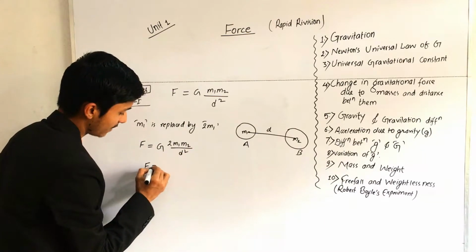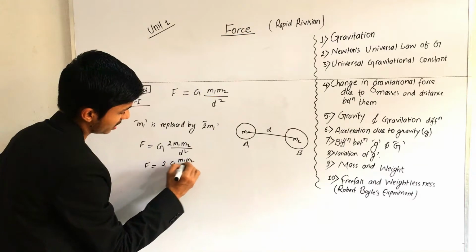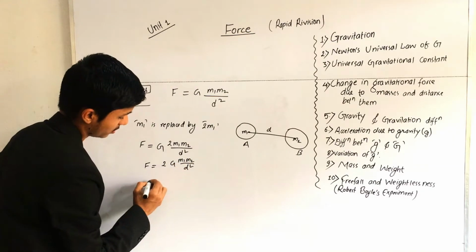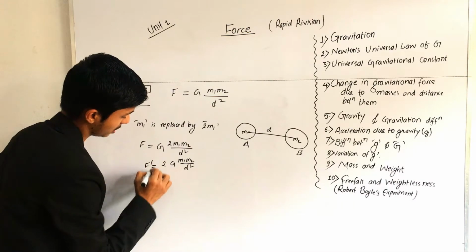That is, F dash is equal to 2 times of G m1 m2 by d square.